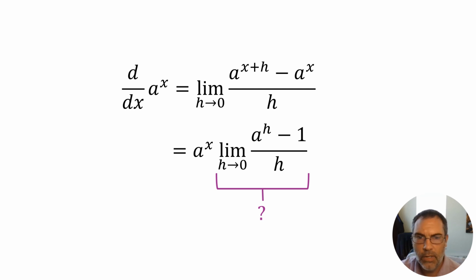I'm not going to go through this here, but you could try, just like I did with e, making a table of different values, and every number you put in, you would get a different answer. So it's not always going to be equal to 1. It's only equal to 1 for that specific value of the base, the number e. If this was the number 2, you would get a different result.